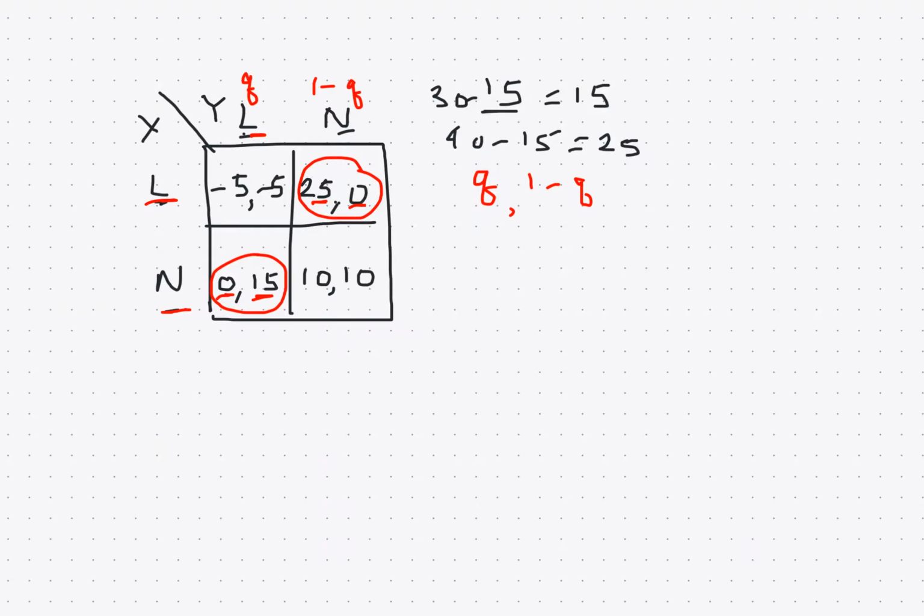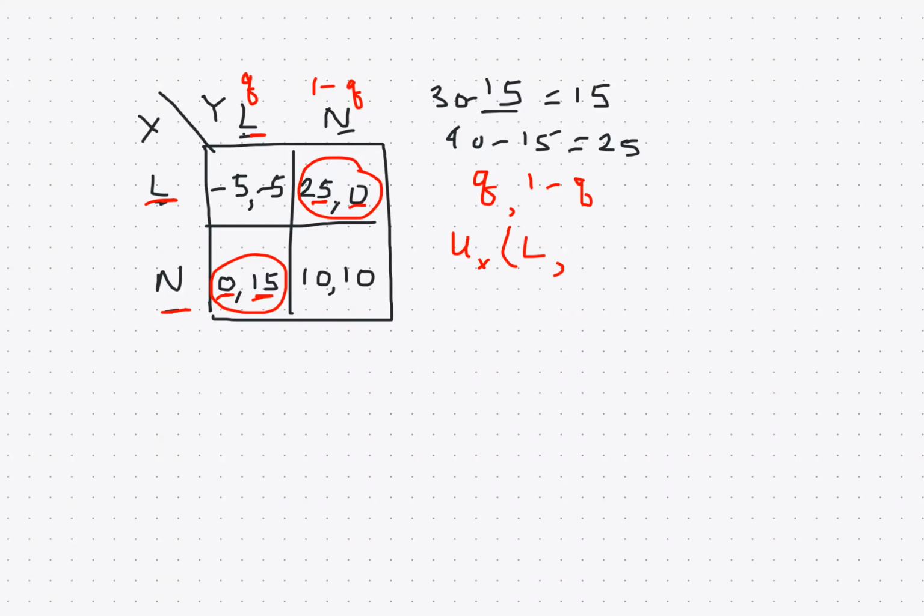So against this mixed strategy of firm Y, let's write down the expected payoff for firm X if firm X plays L, okay? So UX, the expected payoff of firm X, given firm X plays L, right?